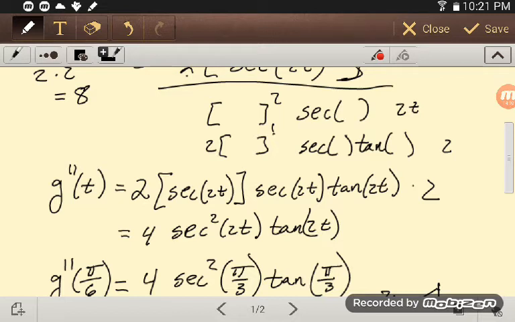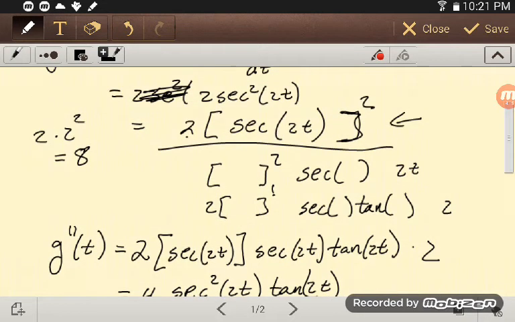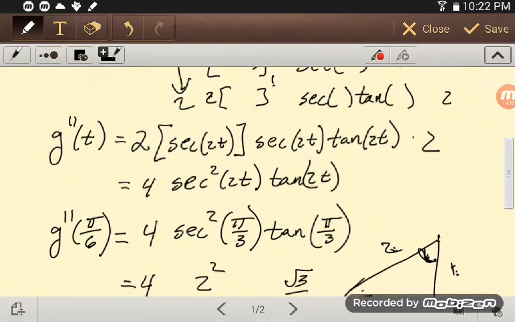Then here, I have my 2 here, and then, there we go, right there, that 2. I didn't bring it down, right? I said that goes along for the ride, but you see this 2 came from there, and so, yay, I found it.